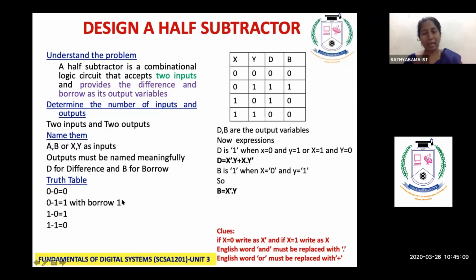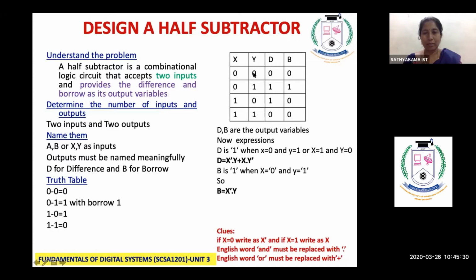So whatever I have said here, we are going to write it in the form of a truth table. So here you see X and Y, because we already decided X and Y as the two inputs. Difference and borrow are the two outputs. So therefore, 0, 0.